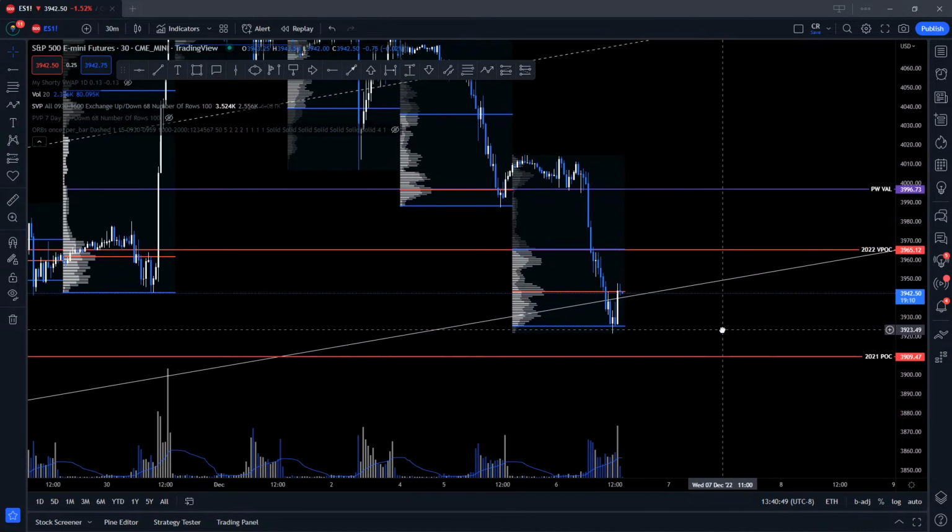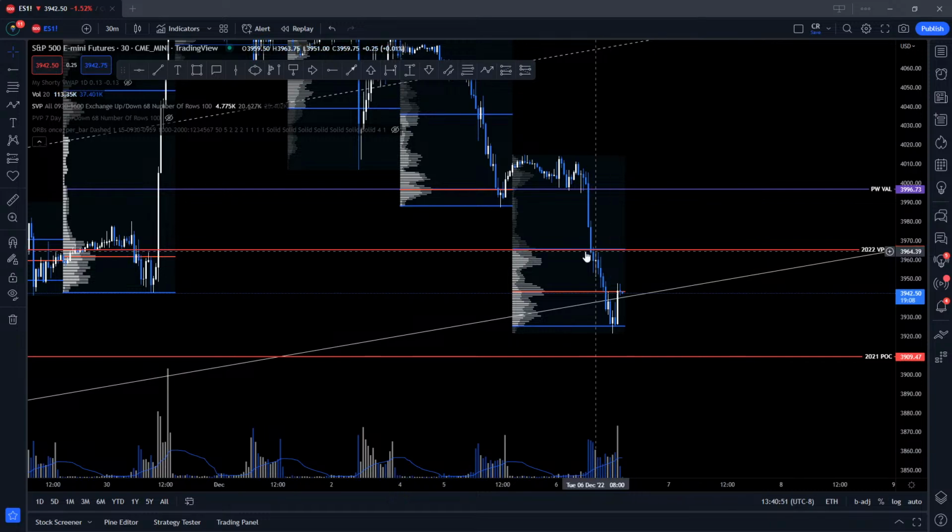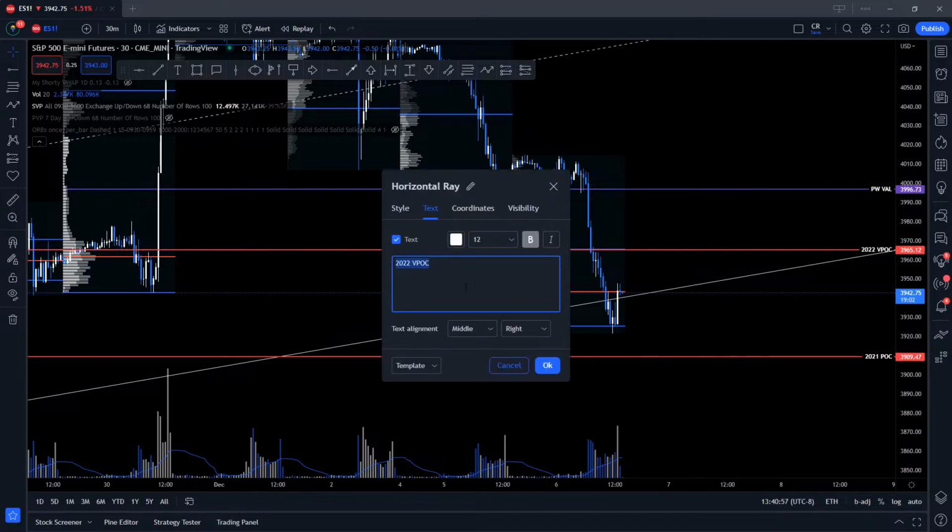So here on the 30-minute, you can see my value area high is the same as my 2022 virgin point of control. So I'll just put a little dash here and put previous day value area high.